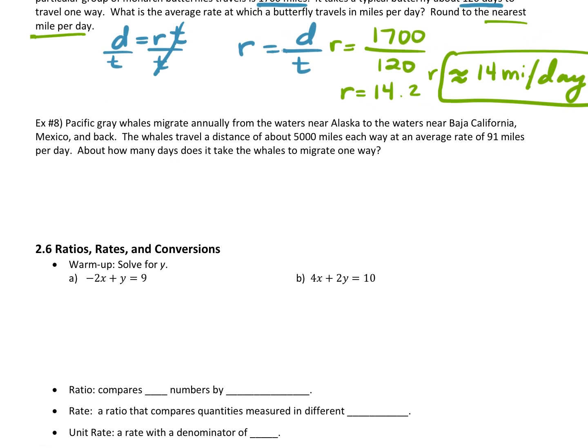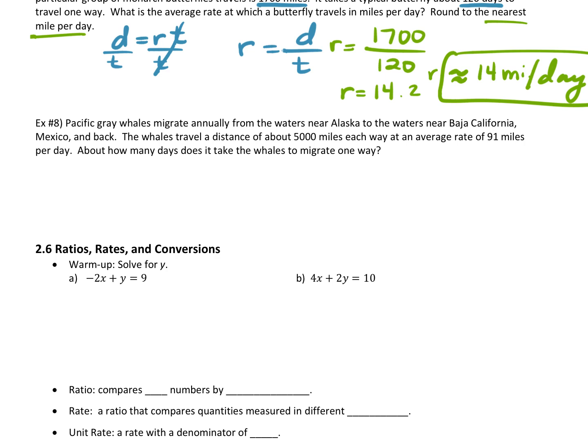Pacific gray whales migrate annually from waters near Alaska to waters near Baja California, Mexico, and back. The whale travels a distance of about 5,000 miles each way at an average rate of 91 miles per day. About how many days does it take the whales to migrate one way?